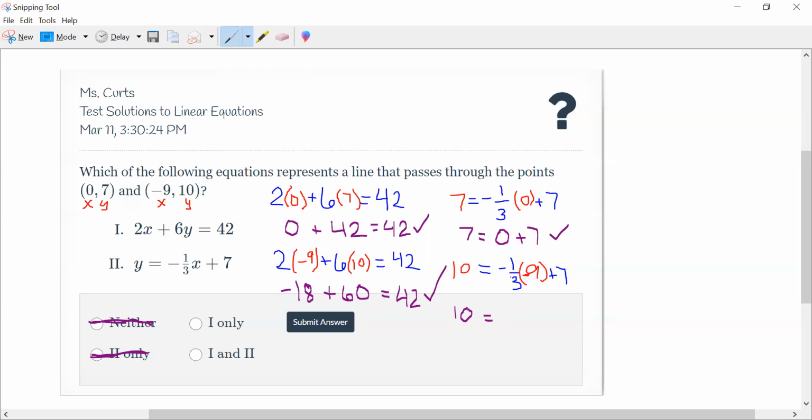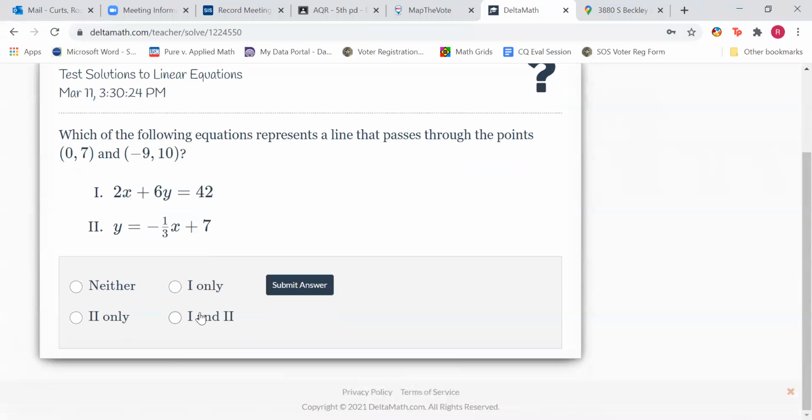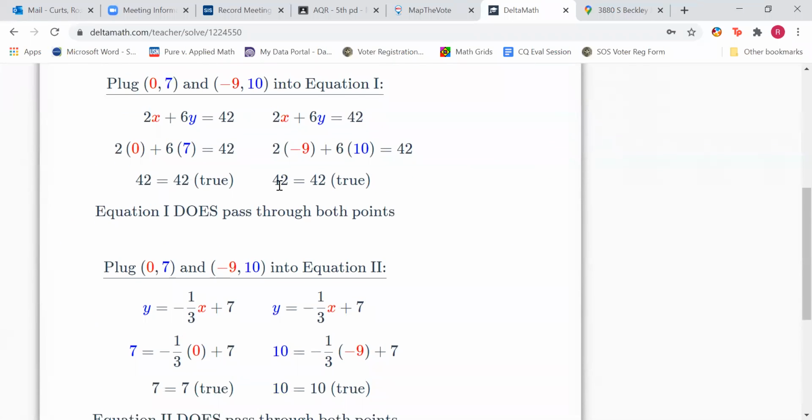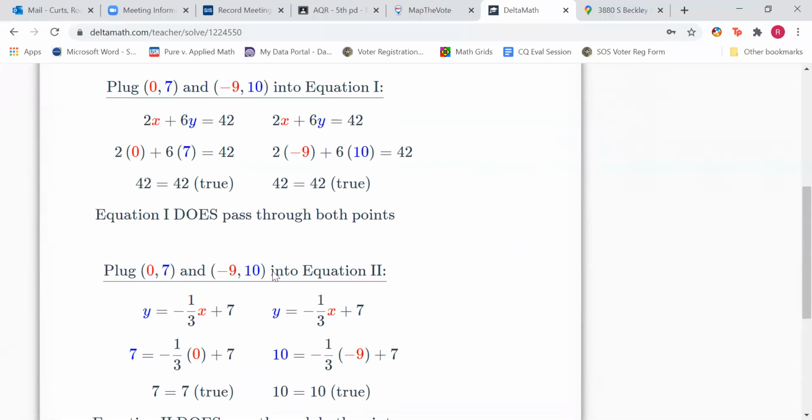So whatever it is, it's going to be positive. 1/3 times 9 is essentially 9 divided by 3, right? 1/3 of 9. 9 divided by 3, how many 3's in 9? Is 3. 10 equals 3 plus 7. That is right. So both of them worked for both of them. So this one should be 1 and 2. Ta-da! Beautiful.